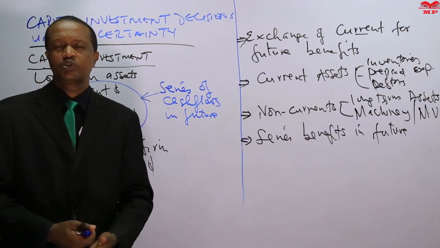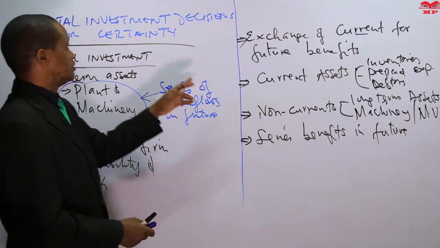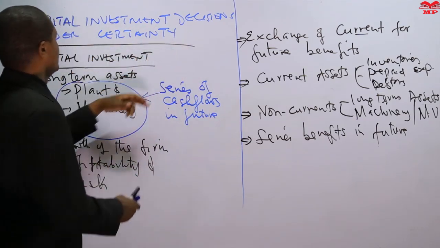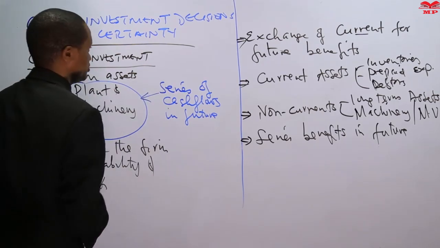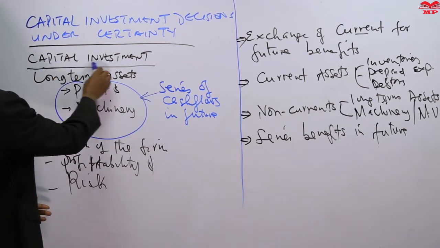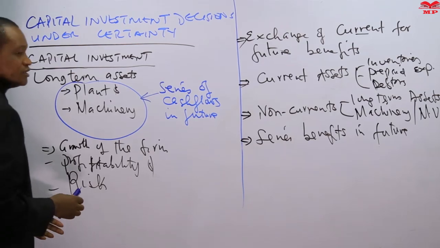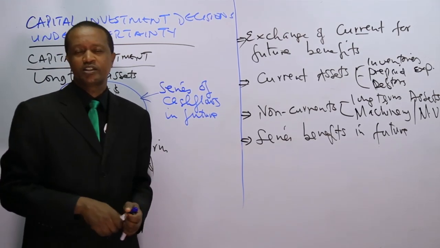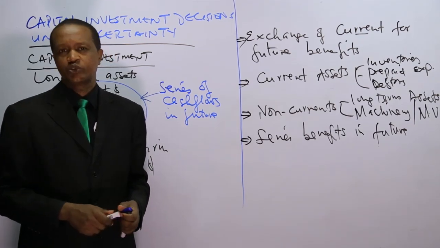Remember, we just introduced capital budgeting, which is also referred to as capital investment decisions and uncertainty. We have defined what is capital investment. We have looked at the reasons why capital budgeting is important in an organization.